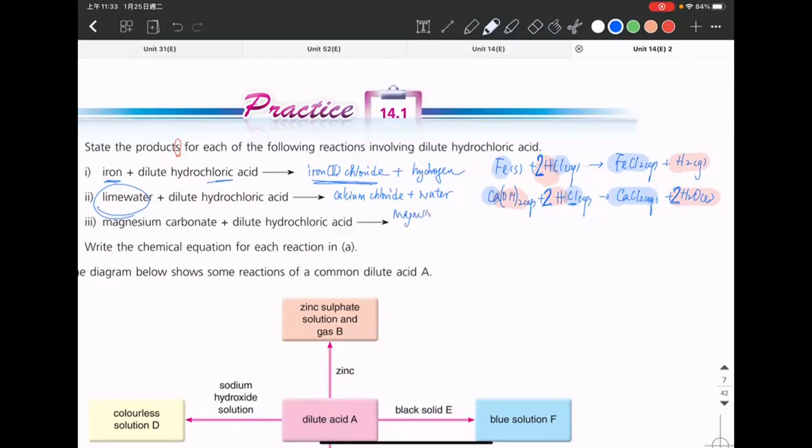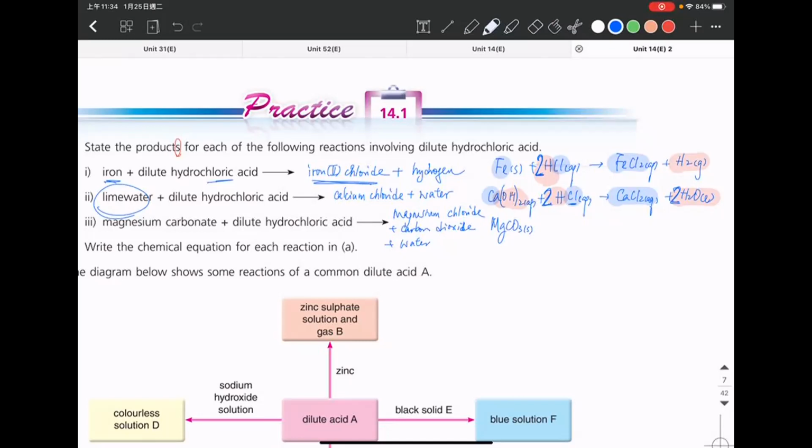So the chemical equation: MgCO3 solid. So how will you know that is the physical state?